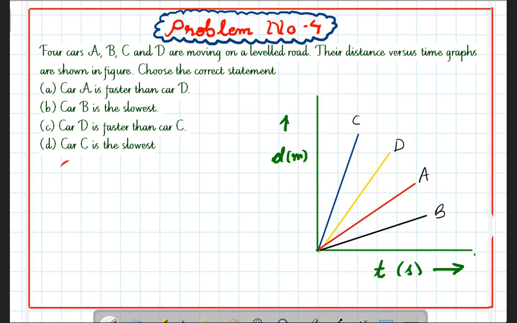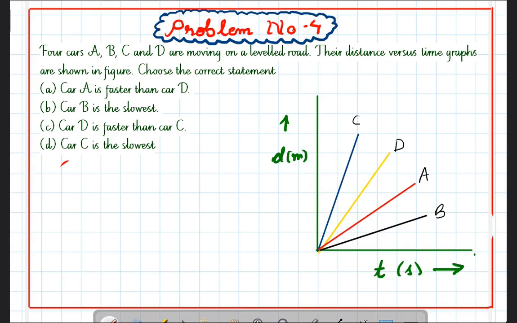So our next question is problem number 4. In this question we have been given four graphs for cars A, B, C, D. We have to find the correct statement. So let's see. We can see easily from the graph that the speed will be more if the slope is more.